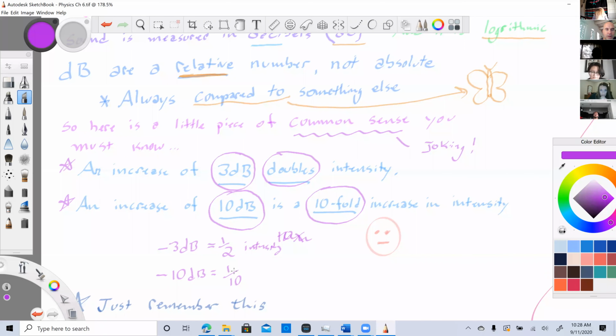A negative 10 is a 1/10 intensity. So basically these 4, 1, 2, 3, 4, definitely want to memorize that.